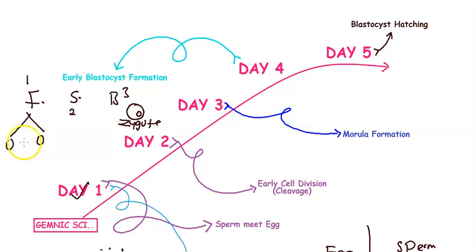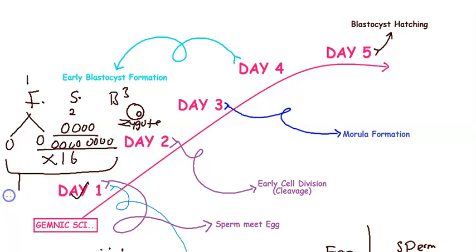Then on the second division, which is the subsequent division, the 2 cells will divide into 4. Then into 8. 1, 2, 3, 4, 5, 6, 7, 8. Then into 16, and so on. So each cell here will be called a blastomere, which is the third one.